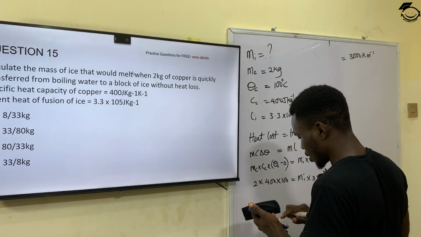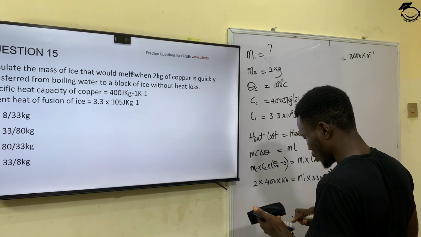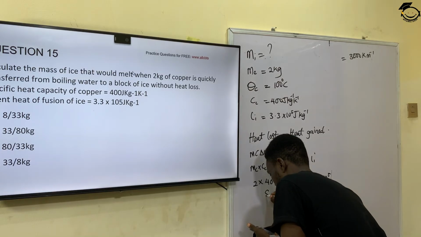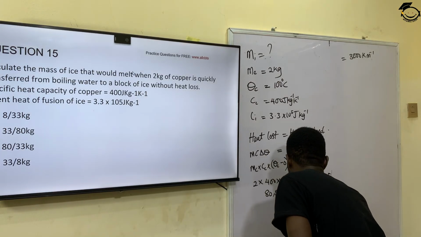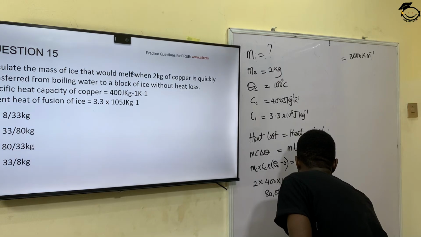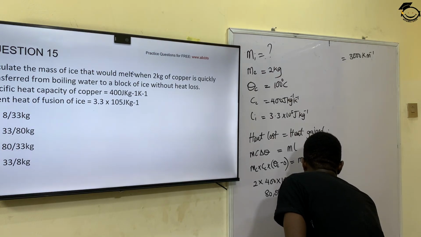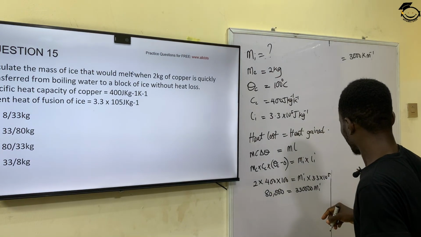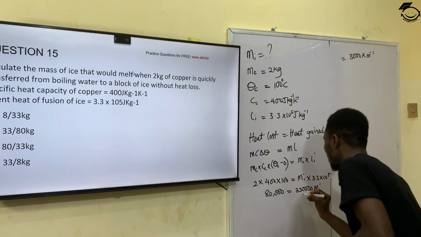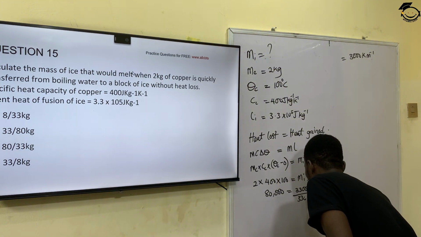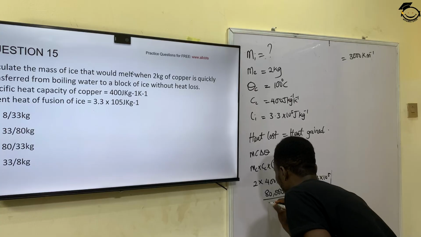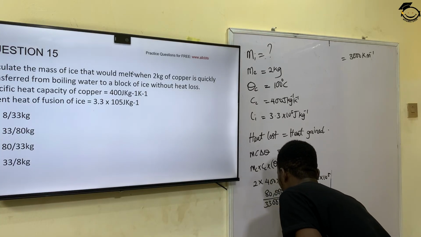So if I multiply this, it will give me 80,000 is equal to 330,000 m of ice. So I'll divide both sides by 33,000 divided by 33,000.